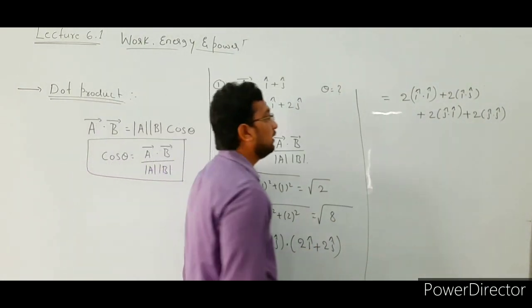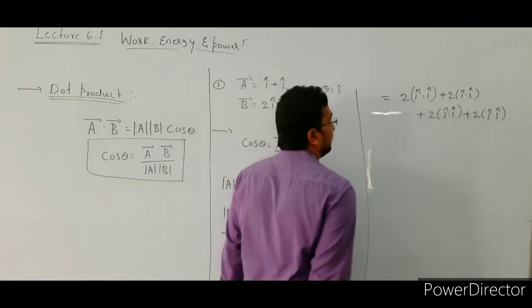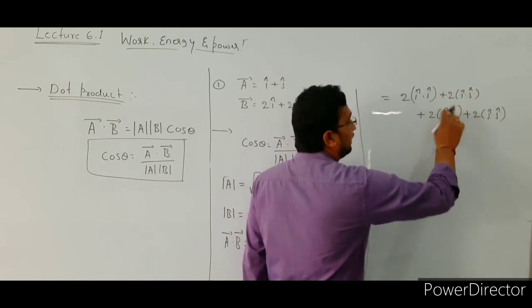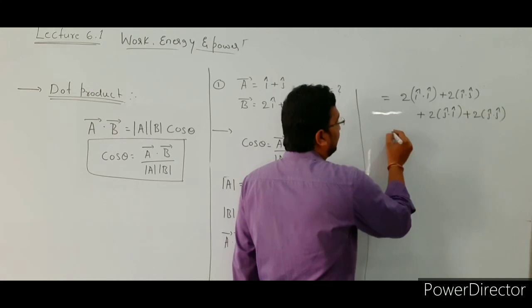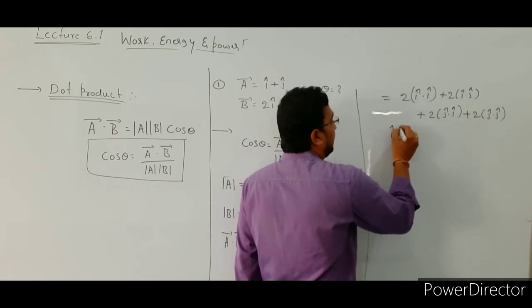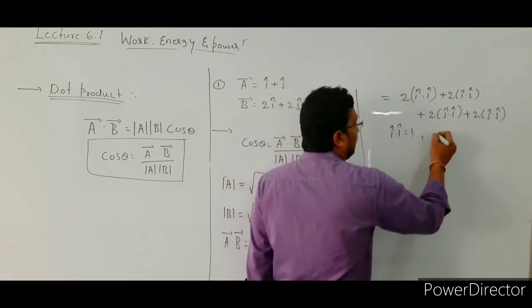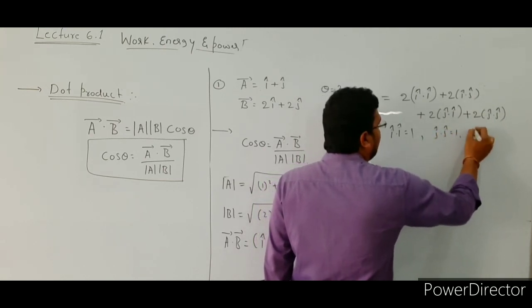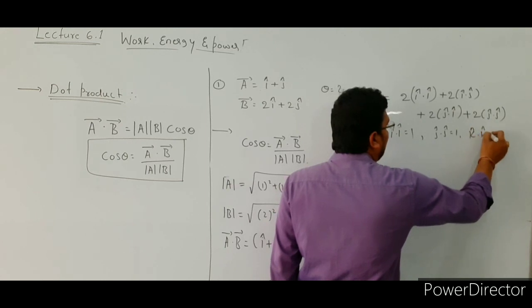So already we know that i cap dot i cap value is 1, then i cap dot j cap value is 0, j cap dot i cap value is also 0. Here i cap dot i cap is equal to 1, next j cap dot j cap is equal to 1, k cap dot k cap is equal to 1.